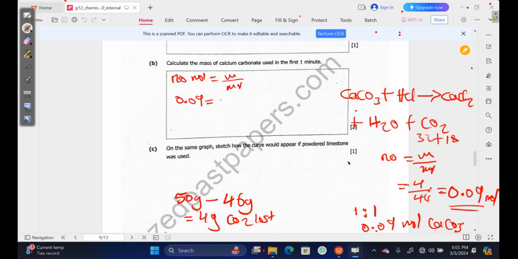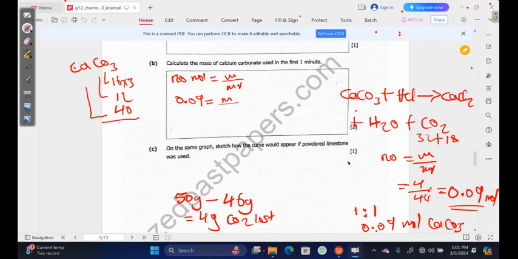Then the mass is the one we are looking for, over what is the molecular mass of calcium carbonate? Here we have oxygen, it's 16 by 3, then carbon we have 12, then calcium we have 40.